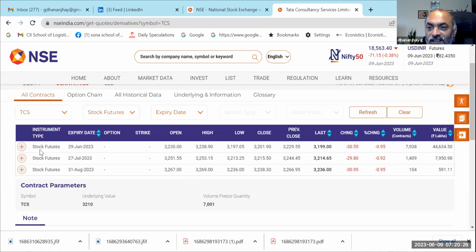Who is on the line? That is Venkatakrishna. Sir, expiry date only 29th June, 27th July, 31 August. Then why not 30 June or 28 June, sir? That expiry date is fixed on Thursday, no?